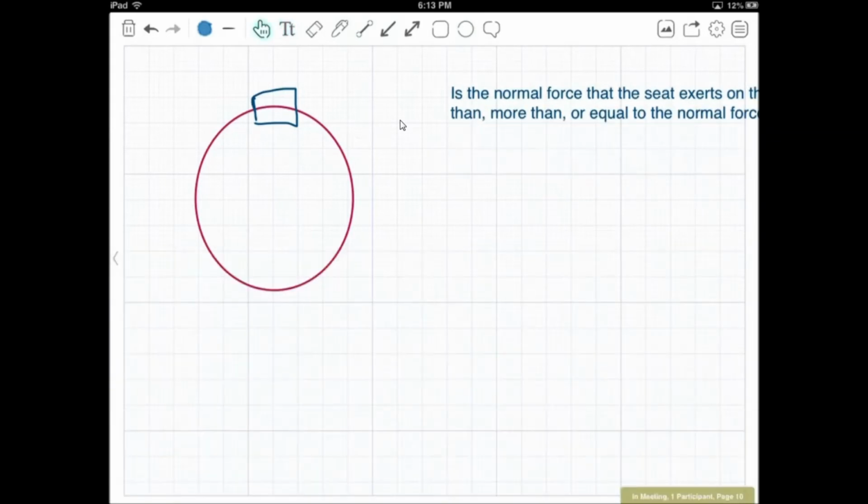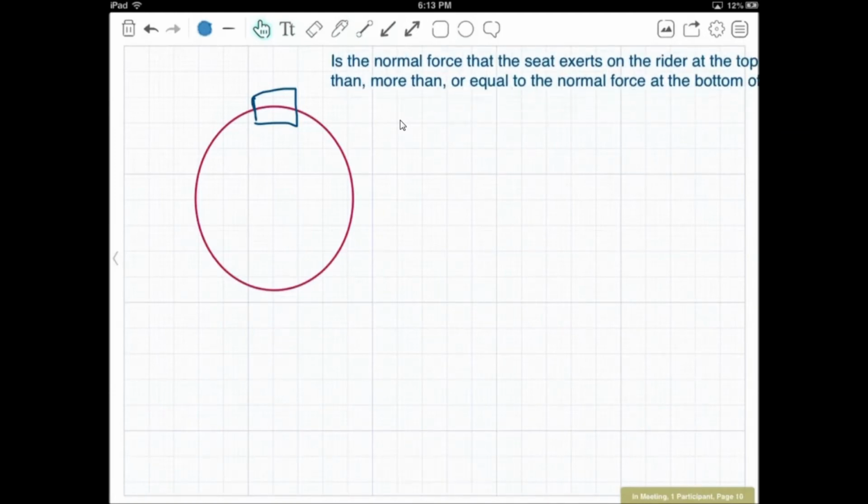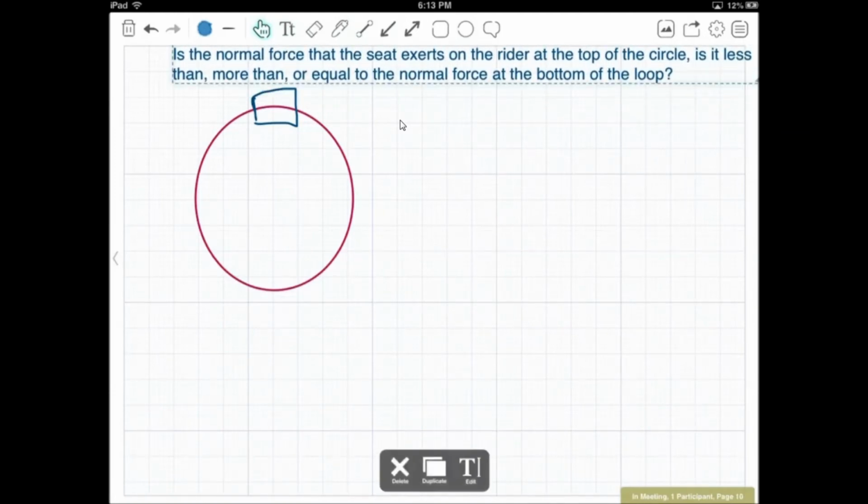So is the normal force that the seat exerts on the rider at the top of the loop less than, more than, or equal to the normal force at the bottom of the loop?